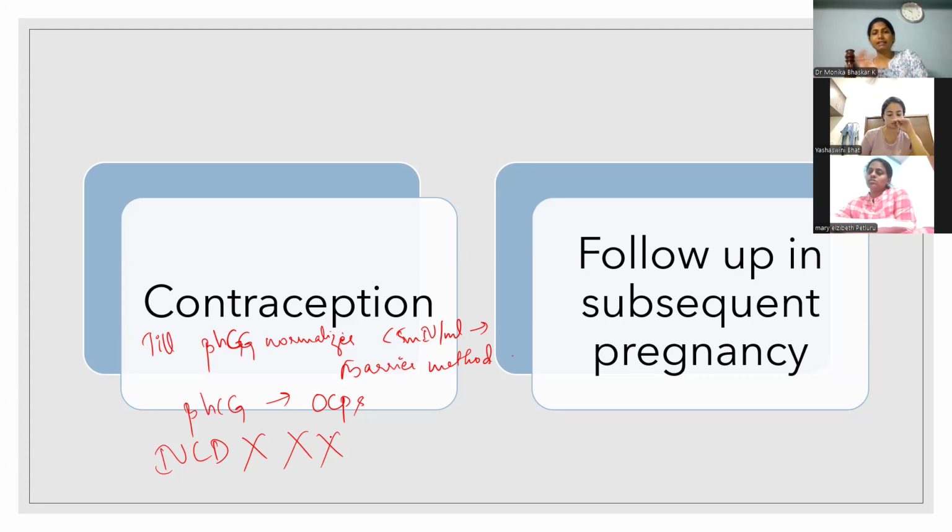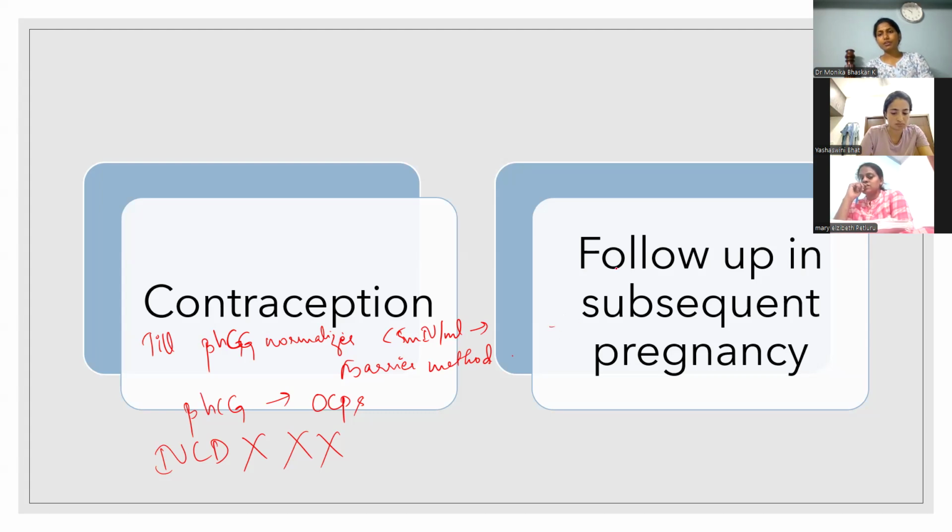Till beta HCG normalizes, barrier method. After beta HCG normalizes, OCPs are the ideal method of contraception. But if she has completed her family, you can go for permanent sterilization also. But an intrauterine contraceptive device is not recommended until follow-up is completed because of the risk of perforation. So we do not insert a copper T or Mirena.